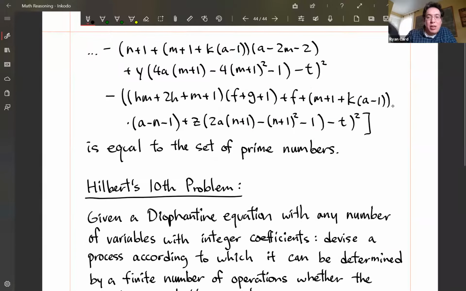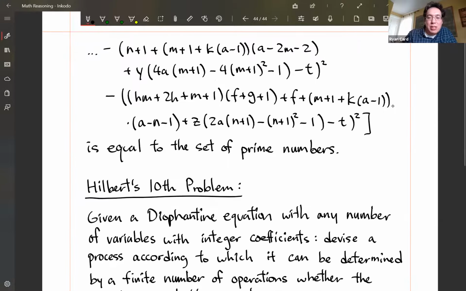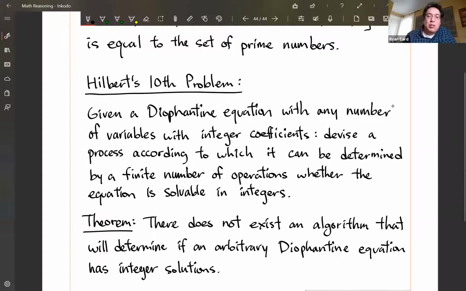So this weird polynomial having positive range of prime numbers is not an accident. This was constructed using logic, right? Turns out that you could encode a lot of the unsolved problems in mathematics into a Diophantine equation and whether or not it has integer solutions. You could do that with the Riemann hypothesis.